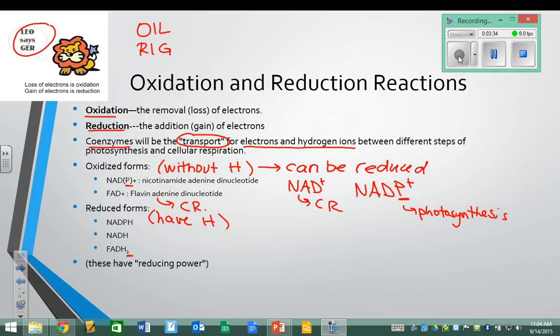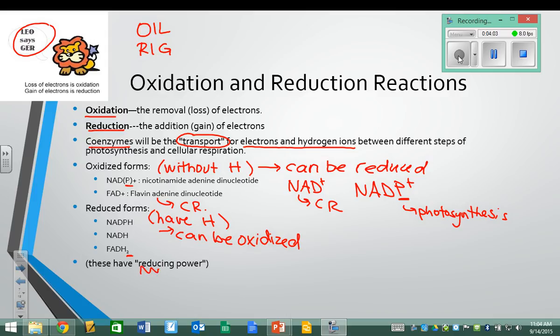It doesn't mean anything different for us, that's just the formula that it is, and I wouldn't expect you to explain anything about that. But just notice that it has the two, or it has the H on it. Reduced forms can be oxidized. So since they have an H, they could lose it. They cannot be reduced again, they're already reduced.